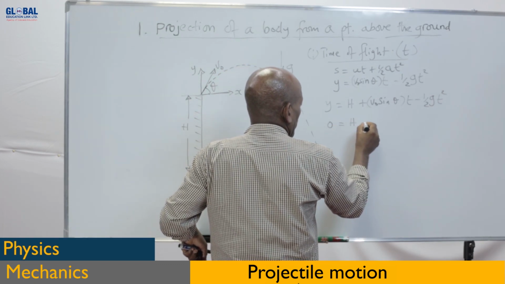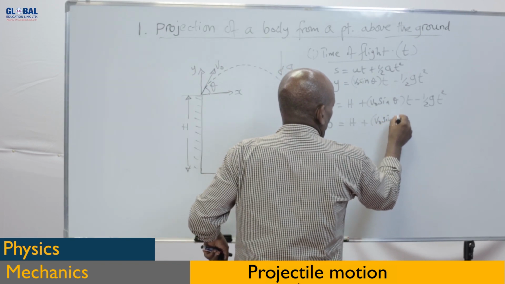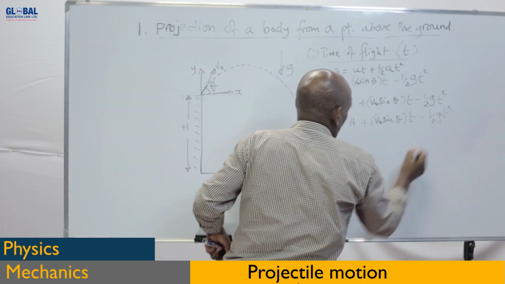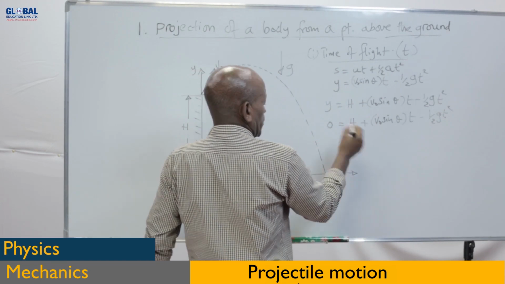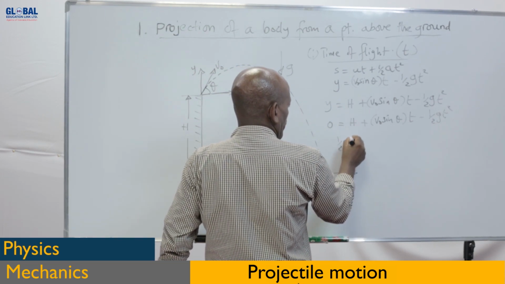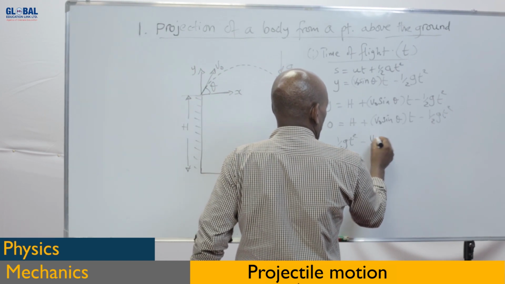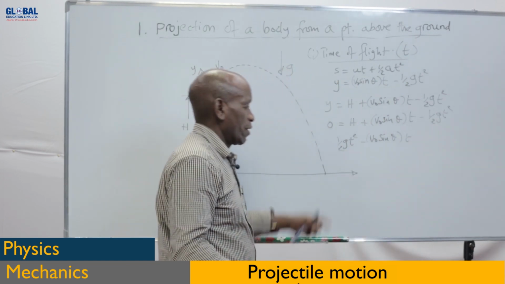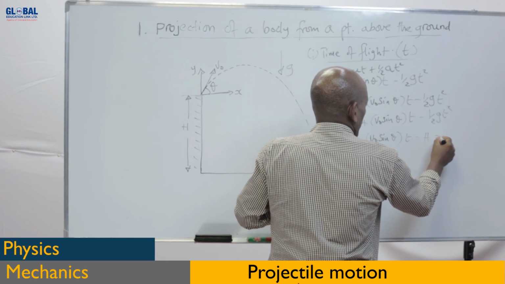So 0 equals h plus v naught sine theta times t minus a half times g t squared. If we take the whole expression to one side, we have a half g t squared minus v naught sine theta times t minus h, and the whole of this is equal to 0.